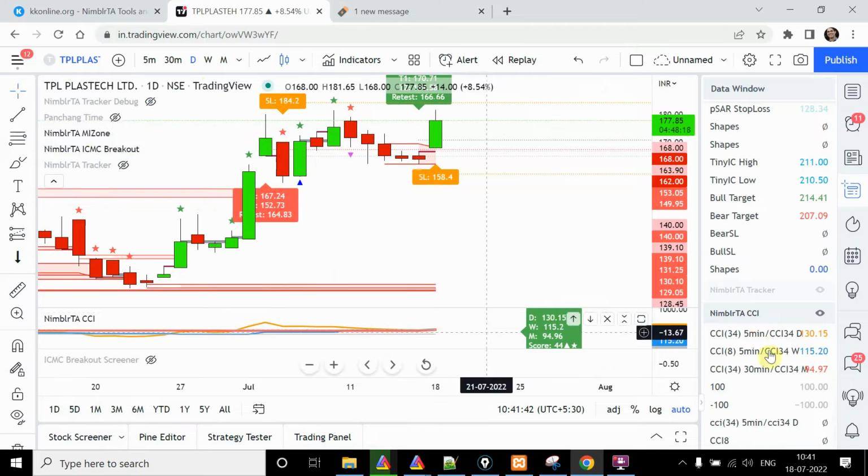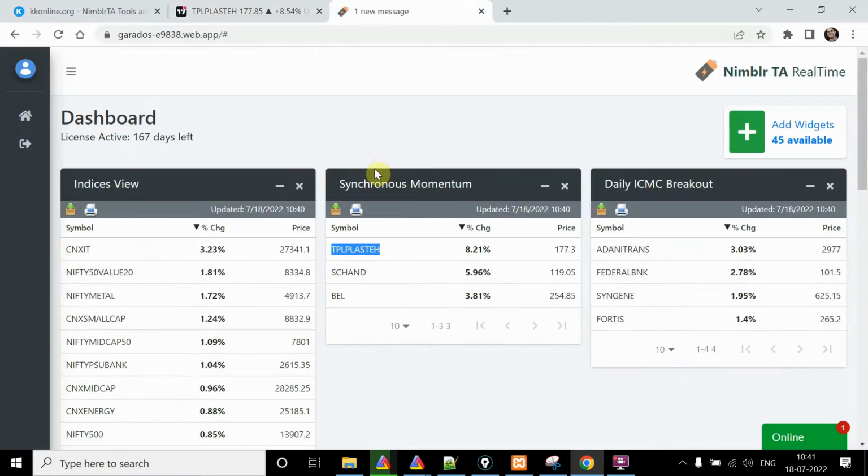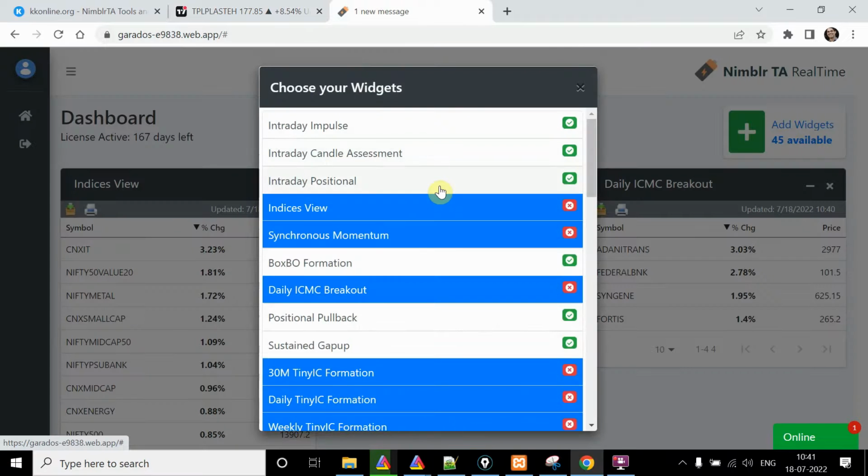So if you see this screen over here, you can see daily, weekly, monthly CCI values, and over here the synchronous momentum was not there, and right now there are two time frames, daily and weekly, which have gained CCI momentum. So that is what synchronous momentum is: momentum coming together on different time frames.